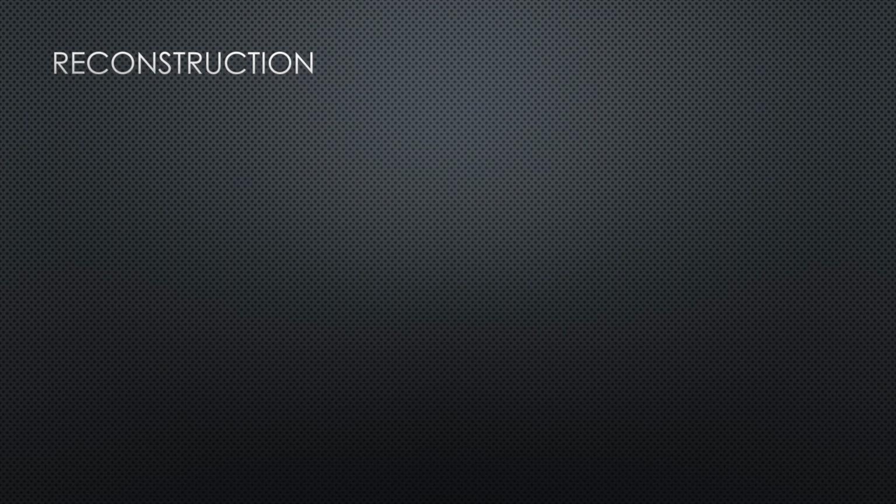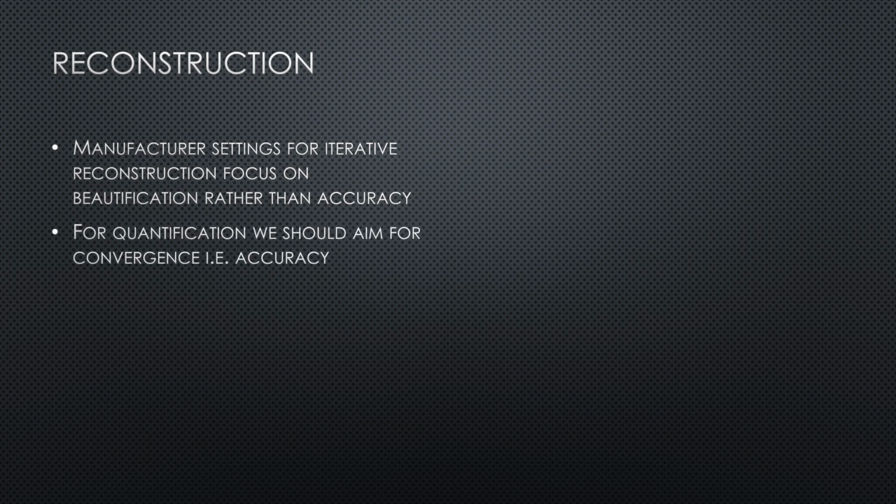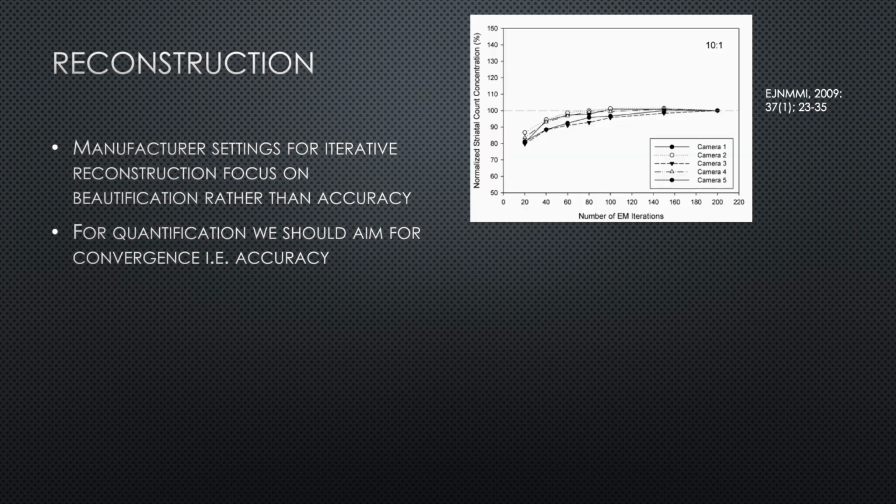Reconstruction is something else we need to address in quantitative PET and SPECT imaging. The default settings for iterative reconstruction focus on good-looking images rather than accurate images. And for quantification, we should really aim for convergence when we do our iterative reconstruction. So if I just show you this example here, you can see the results from quantification of DaTscan imaging that I did a number of years ago.